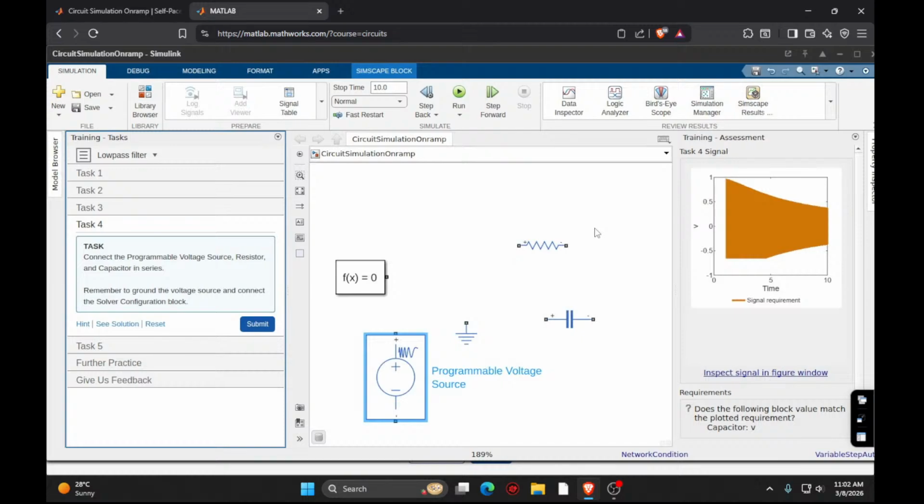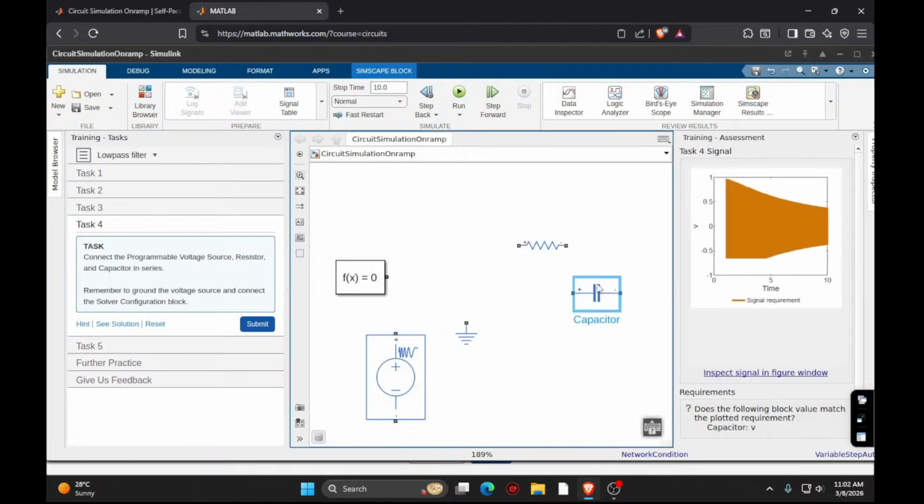Connect the programmable voltage source, resistor and capacitor in series. First resistor, then capacitor.